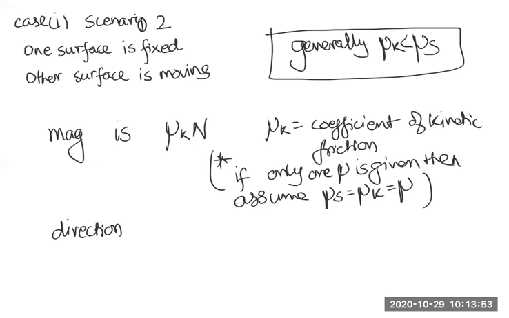Once the block is moving, the force required to keep it in motion is not as much. Because once the block is moving, you are actually dealing with kinetic friction, which is less than static friction. However, if only one mu is given, then we will assume both mu are the same.